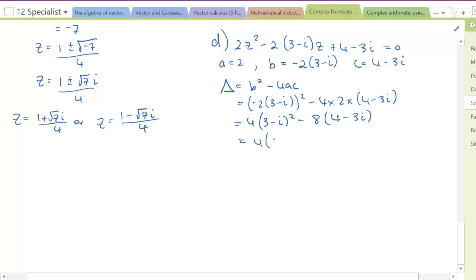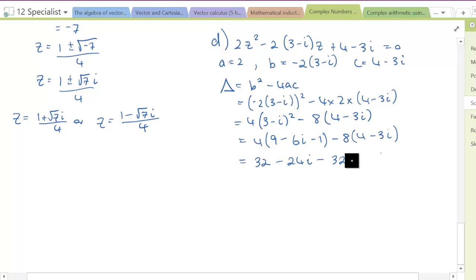And so this is 4, and we have 9, subtract 6i, plus i squared, which is take 1, subtract 8 lots of 4 take 3i. So this is 4 by 8, because 9 subtract 1 is 8. 4 times negative 6 is take 24i. We have 4 by 8, which is 32, or negative 32, and negative 8 by negative 3i is positive 24i.